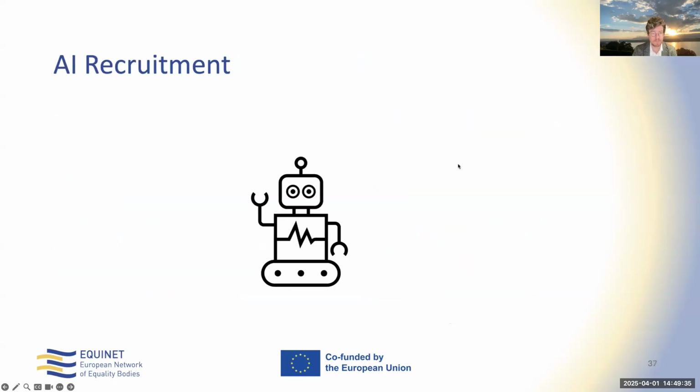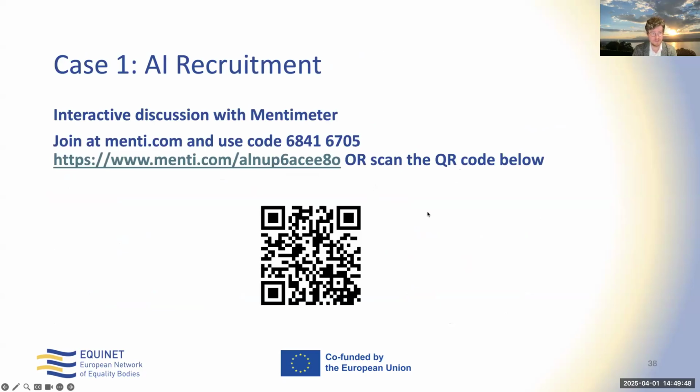Now we're going to start with the AI recruitment case. I'm just letting some people in who join along the way. Mentimeter, for those of you who don't know how to use it: you have a QR code here that you can scan. Normally, you should be automatically redirected to the page.